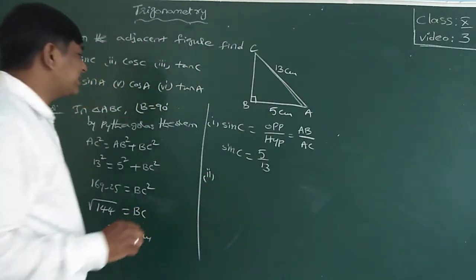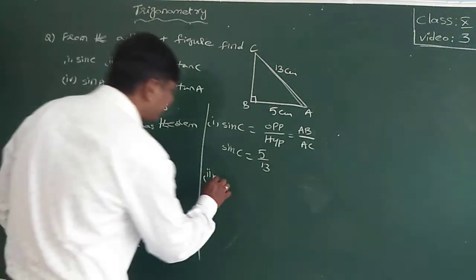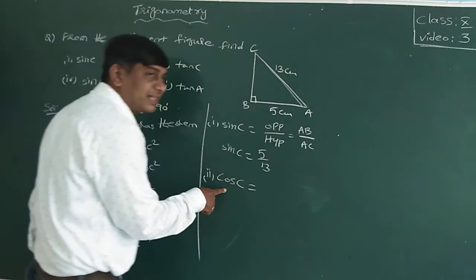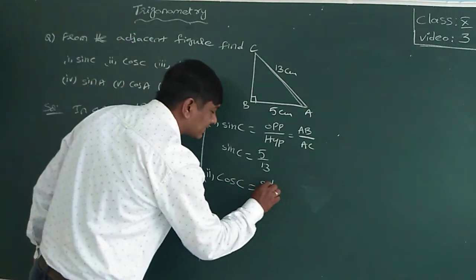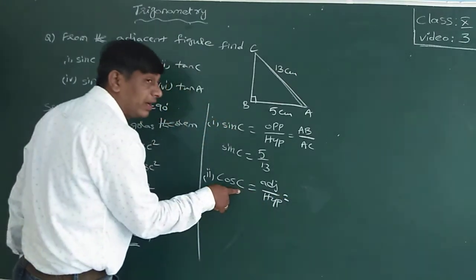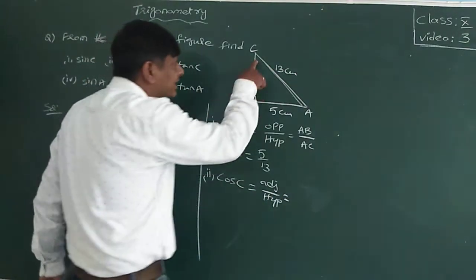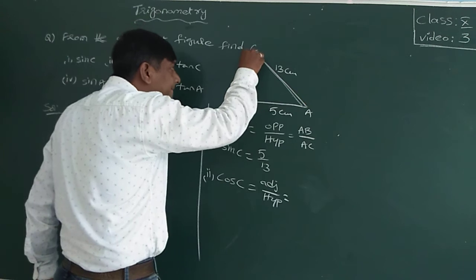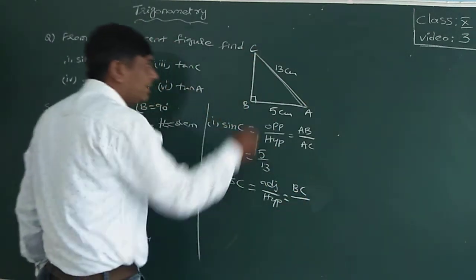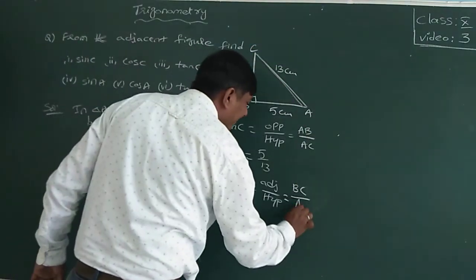The second one is cos C. Cos C means adjacent side to the hypotenuse. The adjacent side to angle C is BC, and the hypotenuse is AC.